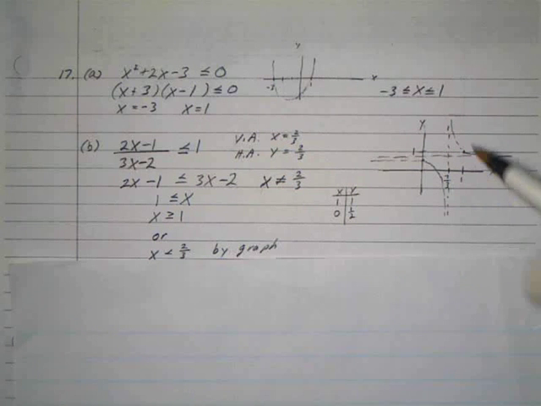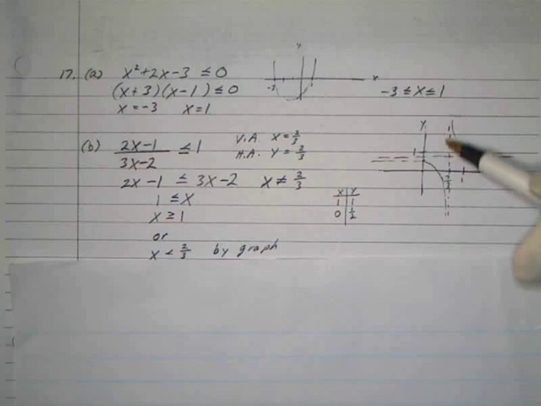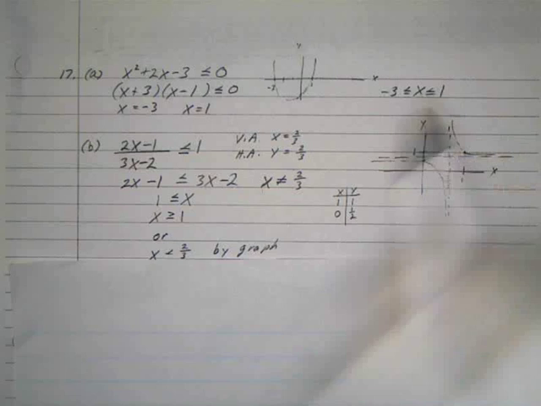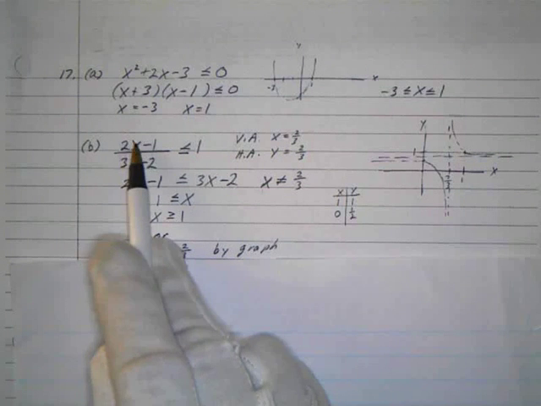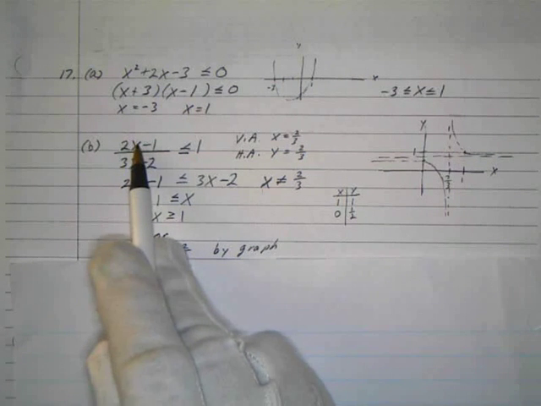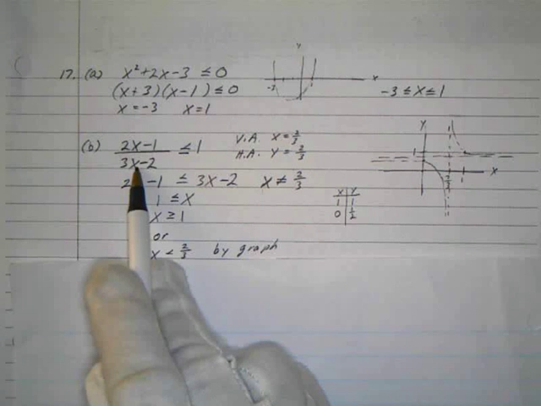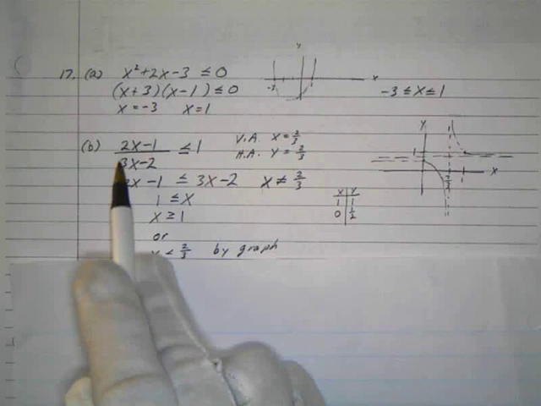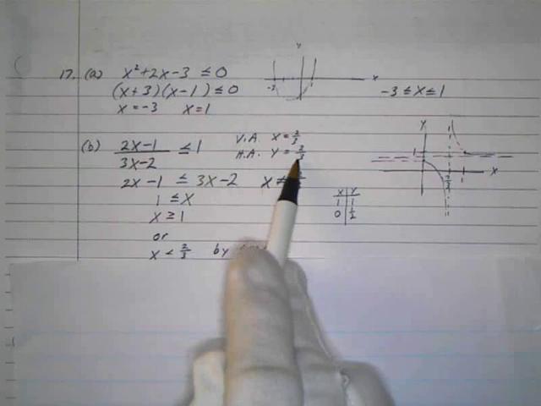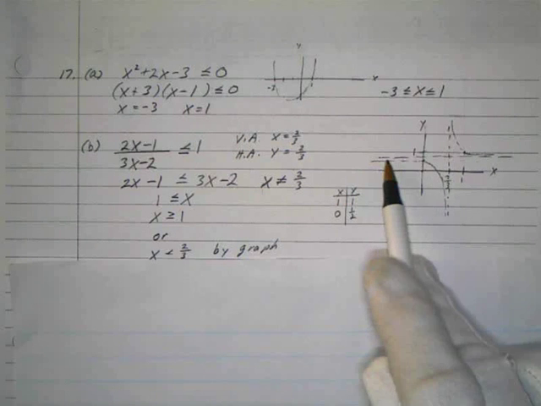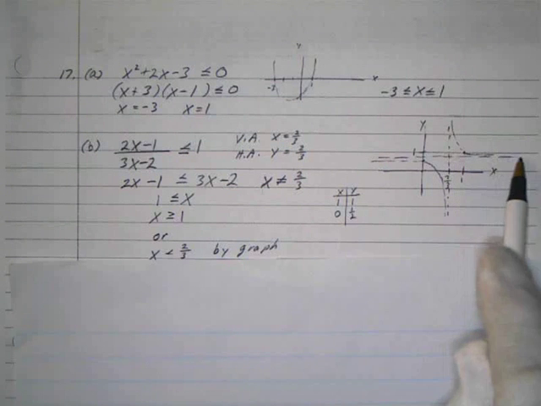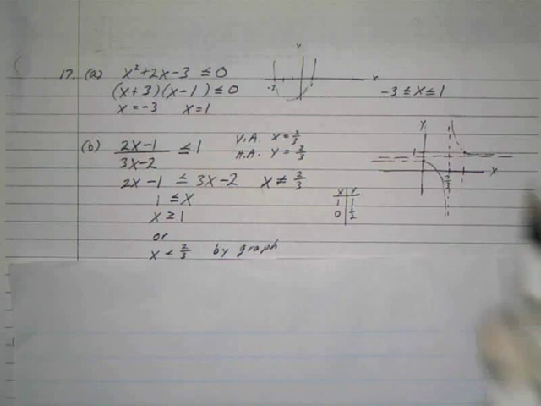And I graph that over here. And then remember, these coefficients are both the same power, so I have a horizontal asymptote equal to the line y equals the ratio of these two coefficients, 2/3. So I drew that over here. So those are your horizontal and vertical asymptotes.